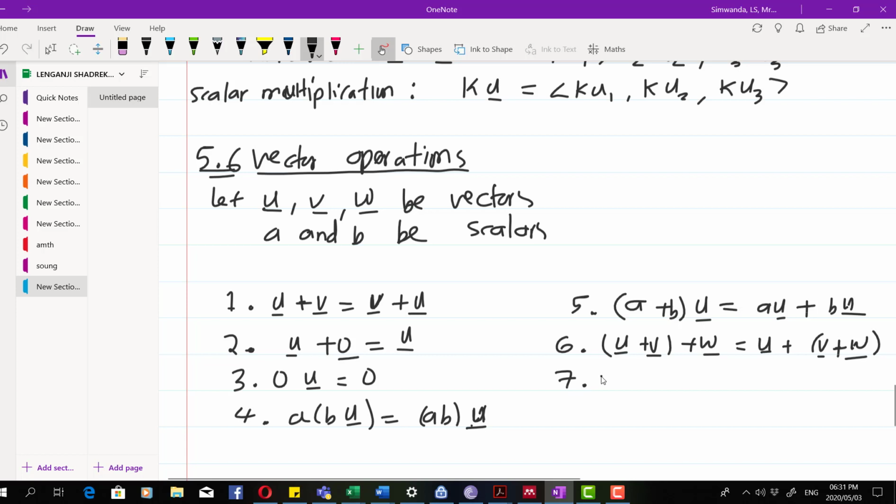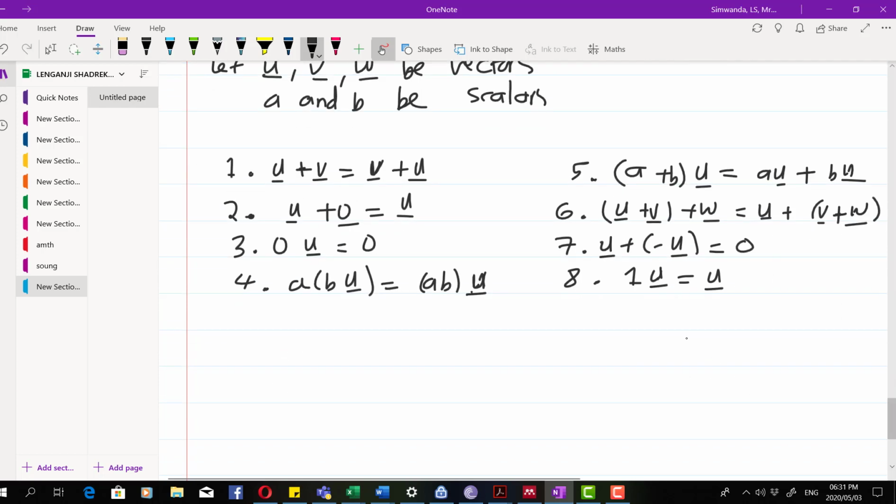Okay, number 7, we add a vector plus the negative of that vector, you get 0. The 8th, if we have the scalar quantity 1 multiplied by that vector, you get the same vector.